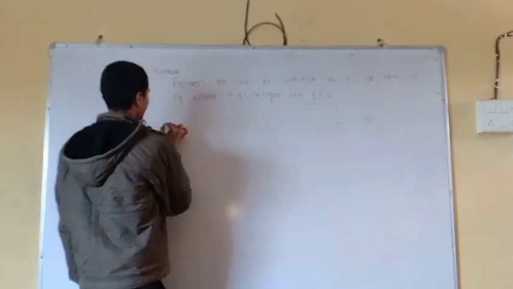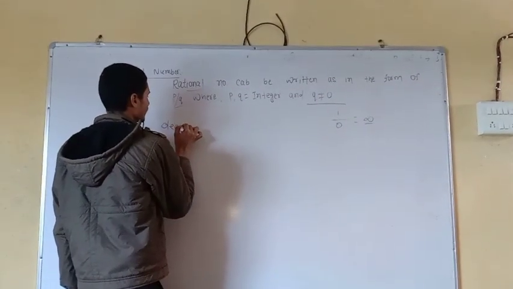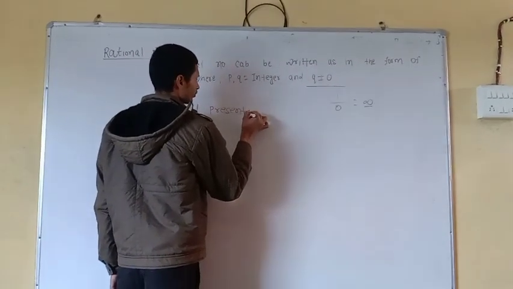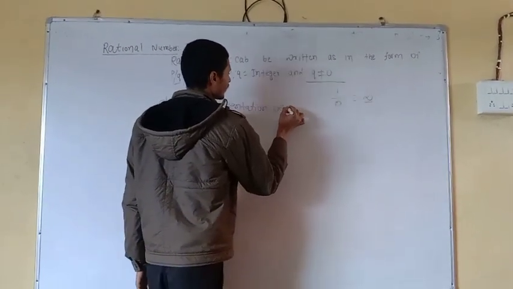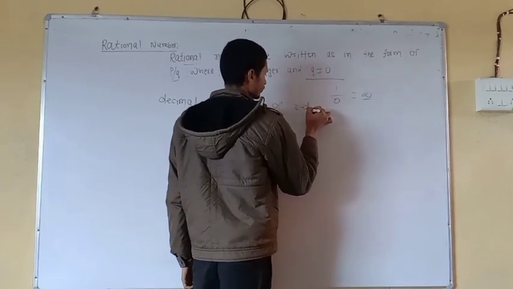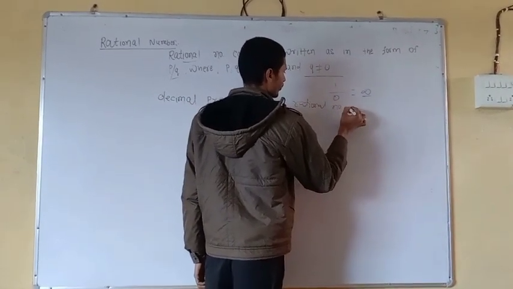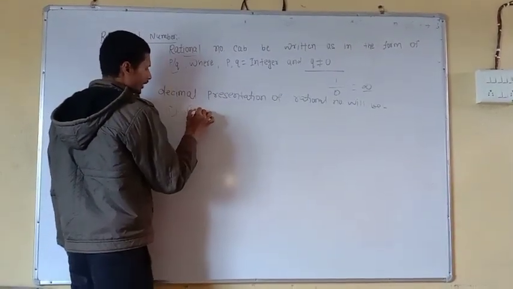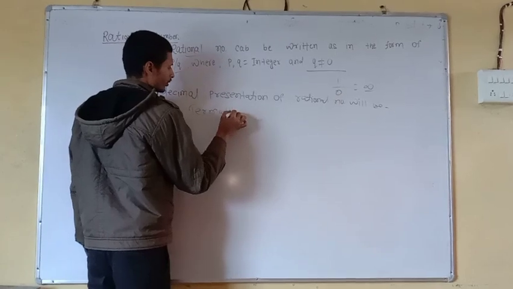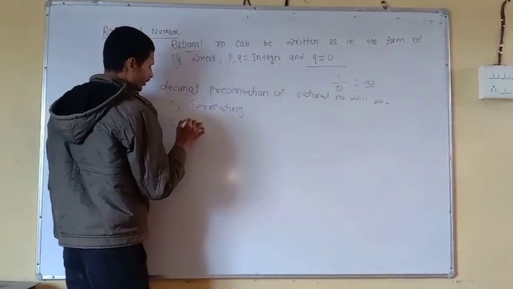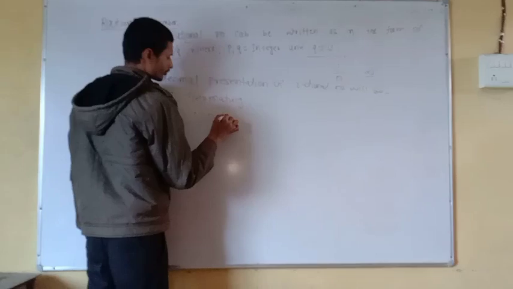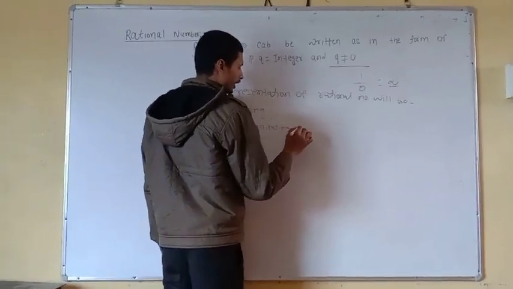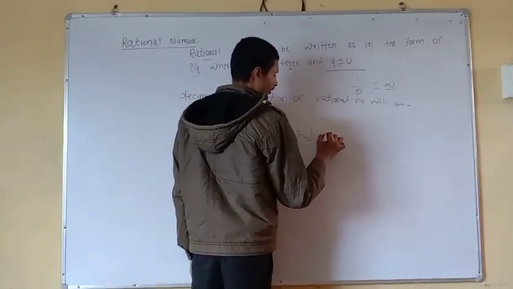Actually, the decimal representation of a rational number will be terminating, otherwise if it is not terminating, then it must be recurring.